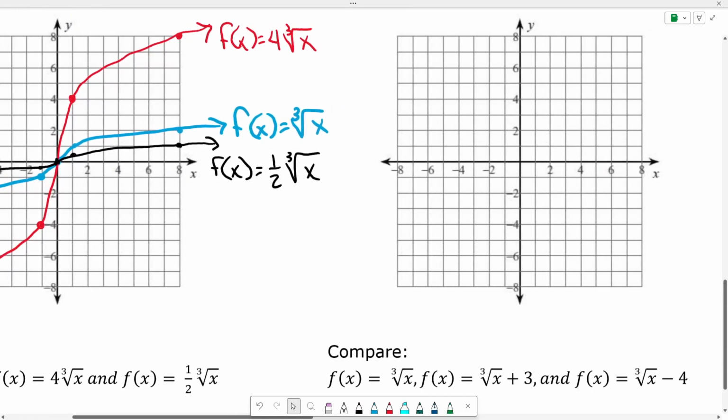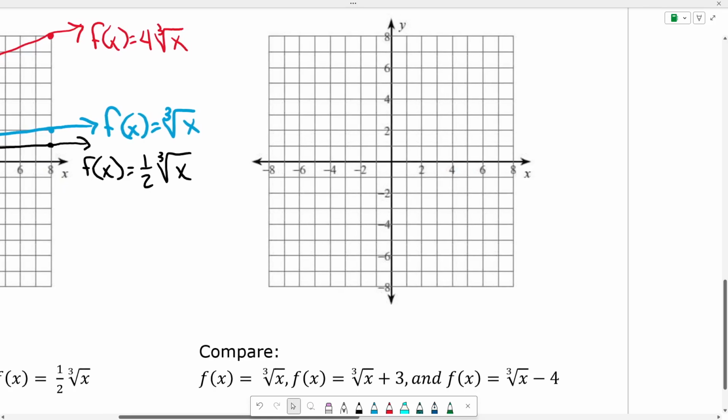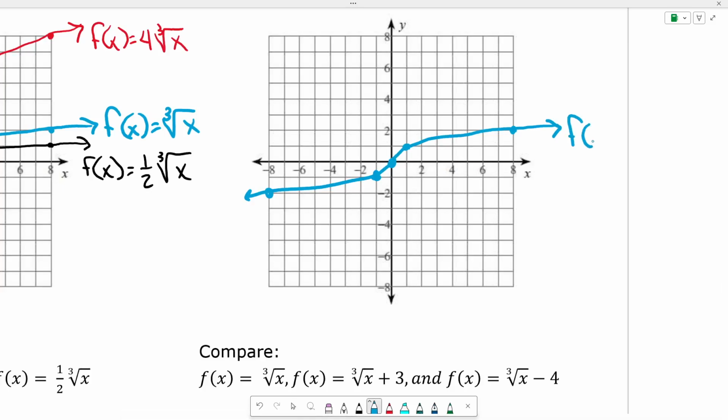Now looking here at our next set of information, for these, putting my parent function here in blue again, so we get all the points located. I go and put all these here. Here's my parent function. This is f of x is equal to the cube root of x. For this one, we'll graph this one with red. We're going to be moving it 3 places up.